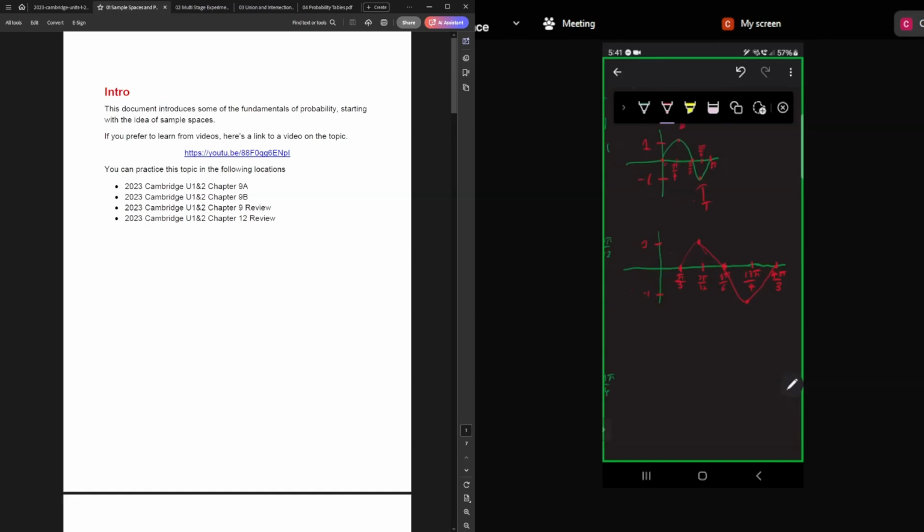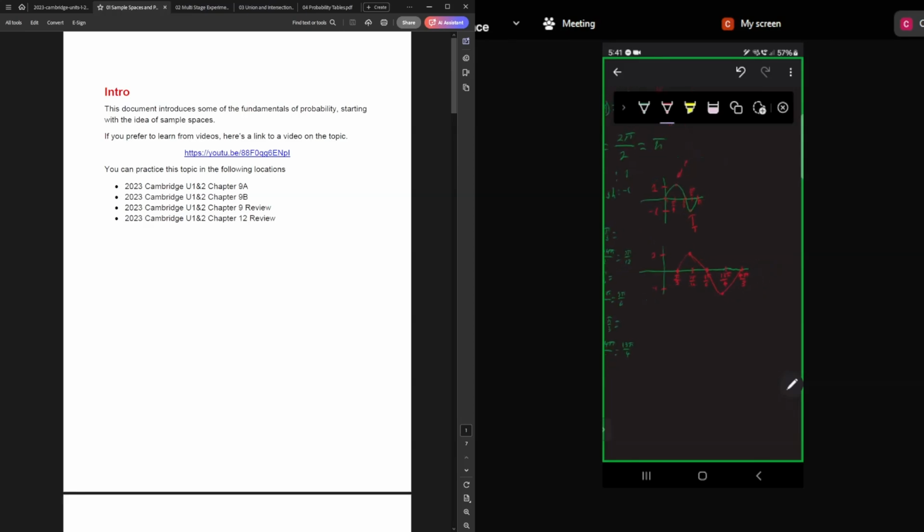Was that clear enough, the explanation there? I have to walk that one back a bit. Does it make sense why it's pi over 4 that we should be adding to all these and not pi over 3? Okay.